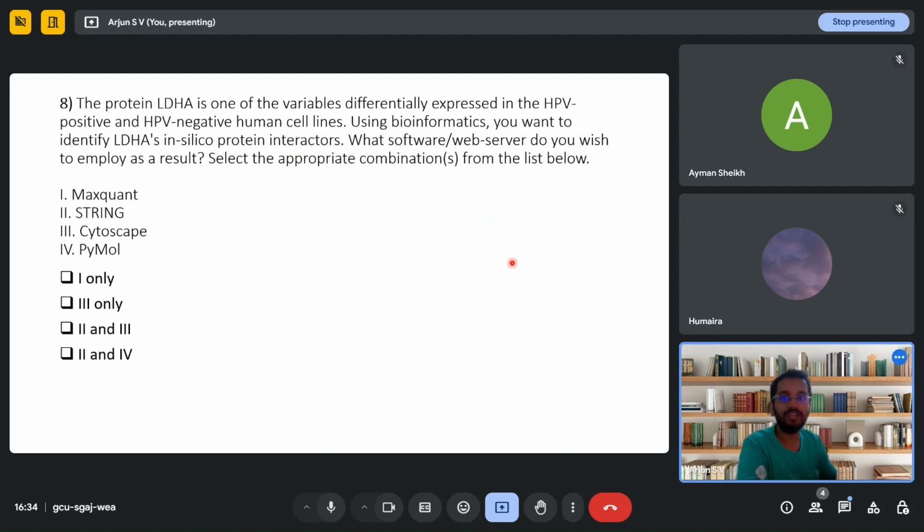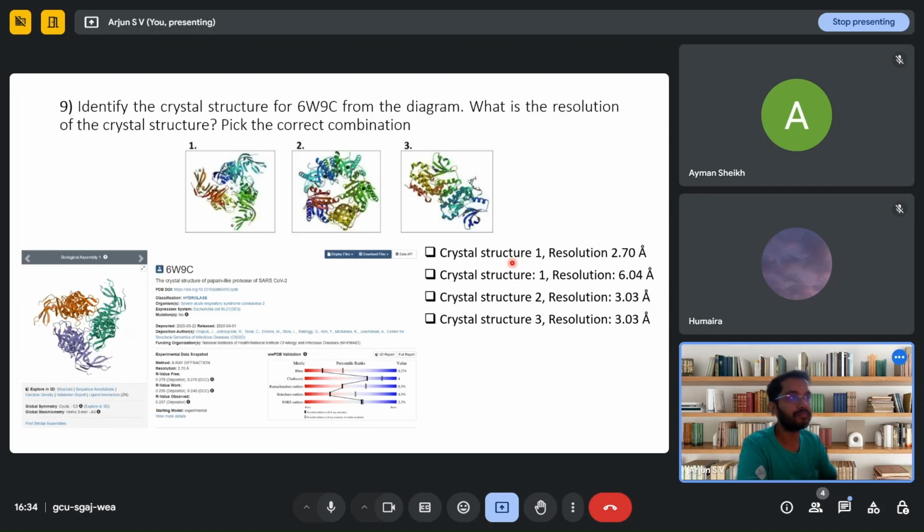For the eighth question, if you want to use any software or web server to study the in silico protein interactors of LDHA, you can use String and Cytoscape. The correct option is option C, 2 and 3. So for the ninth question, to identify the correct crystal structure of 6W9C, you type the protein ID into this PDB, protein data bank, and there you get this crystal structure 1 as the correct crystal structure.